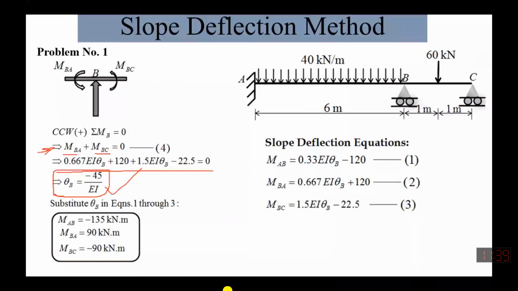Once we find theta B, we can input this value into equations 1, 2, 3 over here, and in the last over here. So we can find the end moments MAB, MBA, MBC.